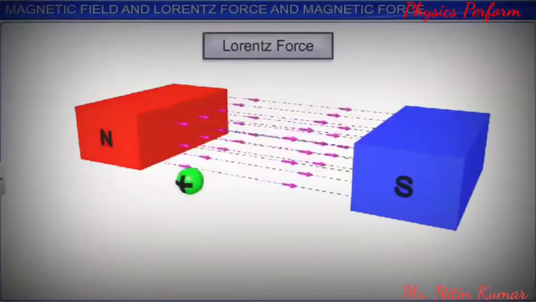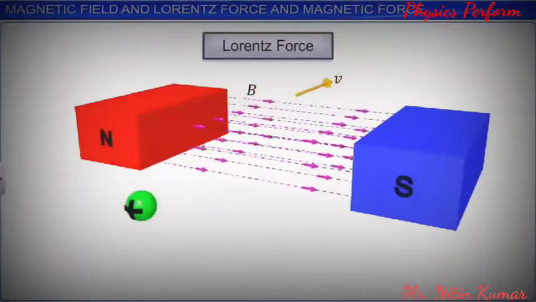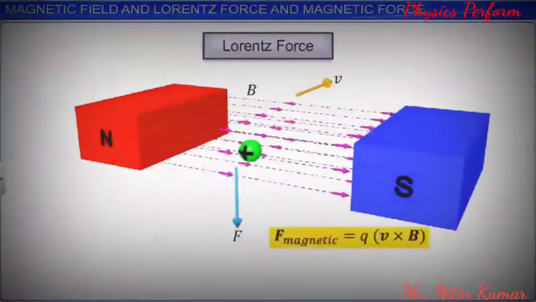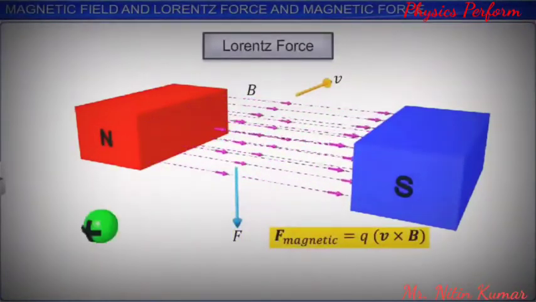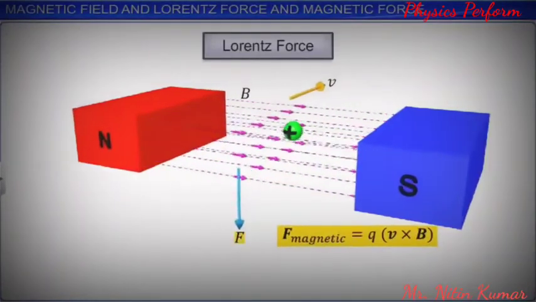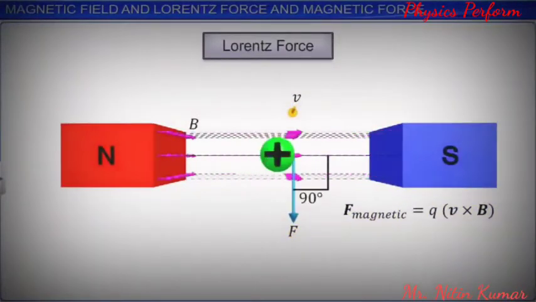Consider another charge of Q coulomb moving with the velocity of V in the magnetic field B. Here, the force acting on the moving charge due to the magnetic field is F magnetic is equal to Q into V cross B. The force F is perpendicular to the plane containing the velocity vector and the magnetic field vector.